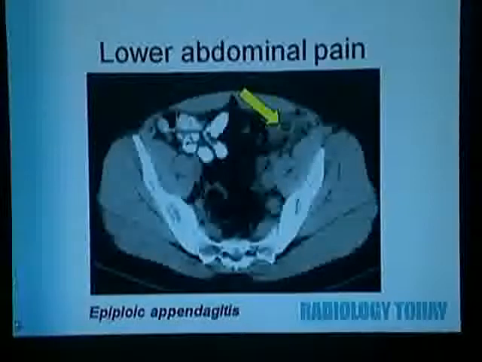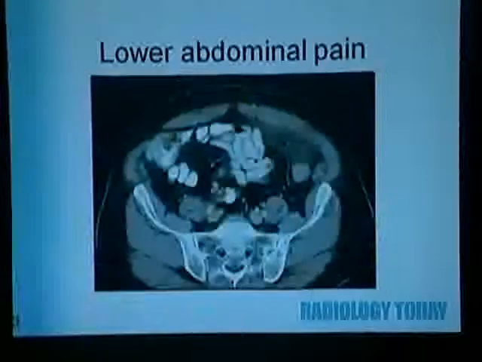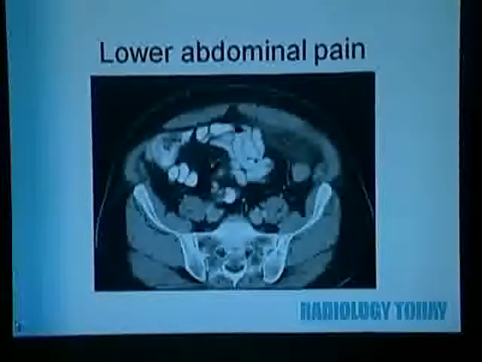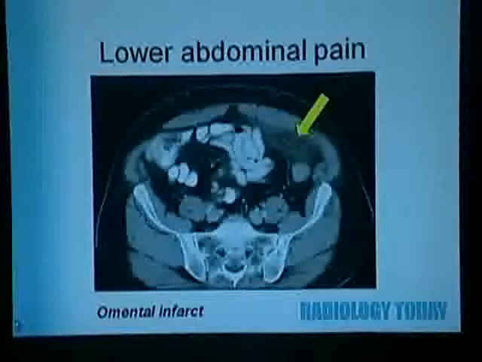This is epiploic appendicitis. This is typically treated with NSAIDs. It doesn't require any other further treatment. A larger area of fat with surrounding inflammation, although this time in the left lower quadrant, is more common in the right lower quadrant, but this is an omental infarct in a patient who had recently had surgery.